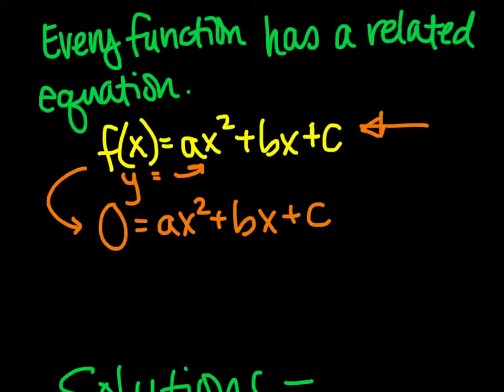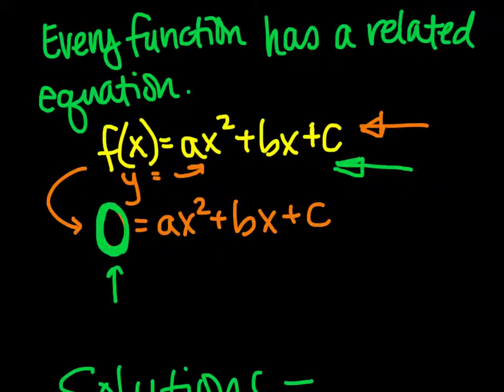Well, now we are replacing that y with a 0, and what we can actually say is that every function, every y equals equation, if we wanted to, we could find a solution by simply replacing the y with a 0. If we were to write 0 is equal to ax squared plus bx plus c, it doesn't change our thought process so much, except for the fact that there's now a 0 there.